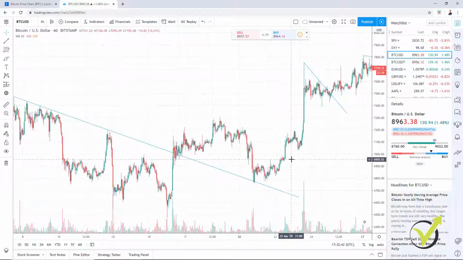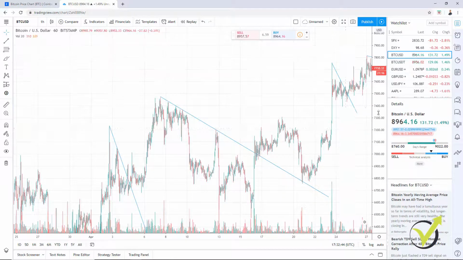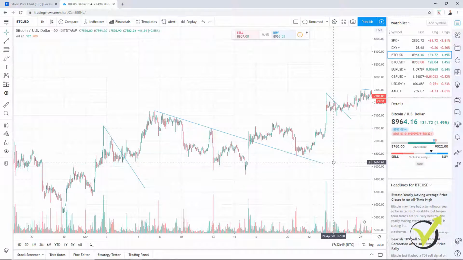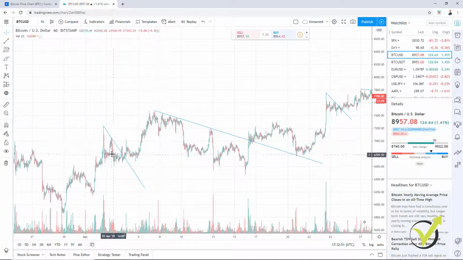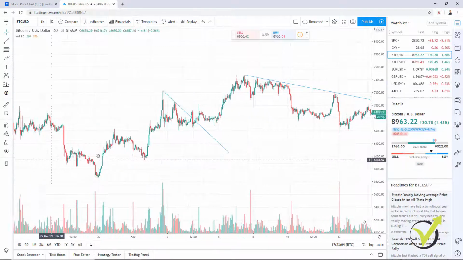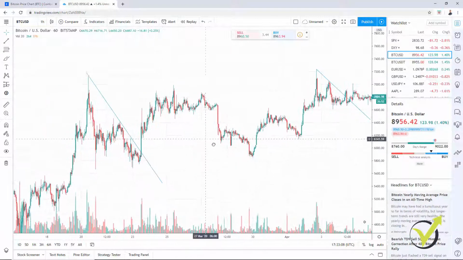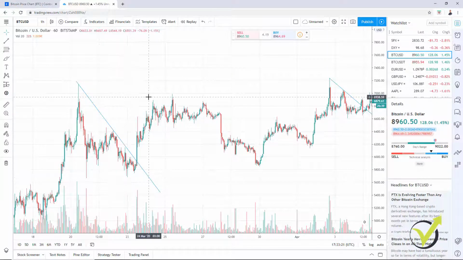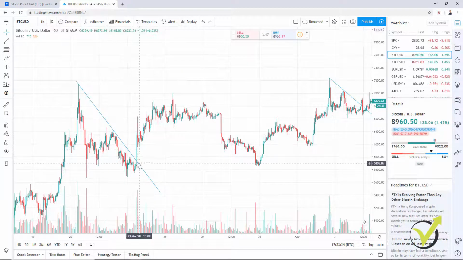Now, these all were opportunities for me to buy, and I used them, and it's really a lot of patience here to wait for the counter trend line. If you look at the whole thing, you will see that we're in an uptrend, right? But I want to buy just when the price pulls back, which is very normal on the market, and just before it starts to go up again, I will buy.